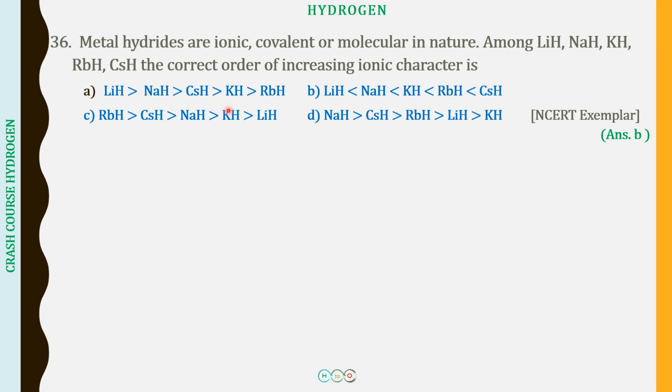So this means that in group 1, lithium is going to have the maximum ionization enthalpy value, and cesium will have the least ionization enthalpy value, and therefore the maximum ionic character is going to be for cesium hydride, and the ionic character is going to increase from lithium to cesium. Right, so lithium, sodium, then potassium, then rubidium, and cesium hydride having the maximum ionic character.